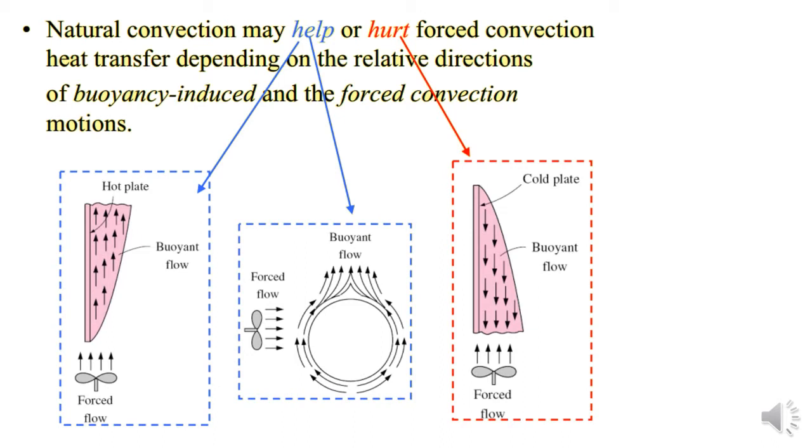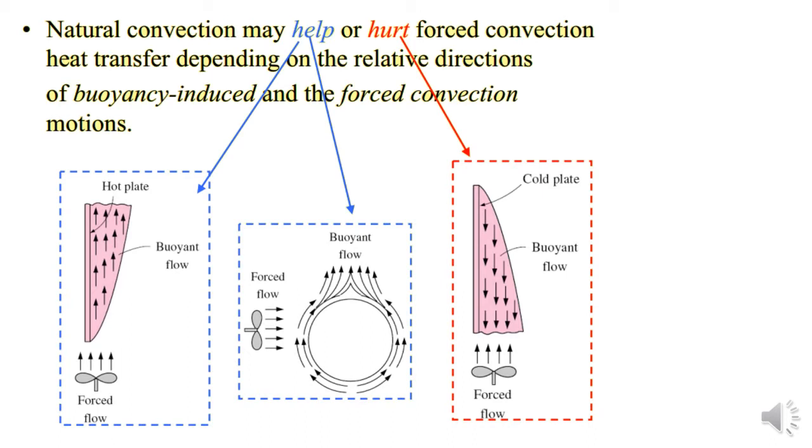For the case on your right-hand side, the forced flow is in the opposite direction to the natural convection current, so it is called the opposing flow. The buoyancy motion is in the opposite direction to the forced motion, so natural convection resists forced convection and decreases heat transfer.